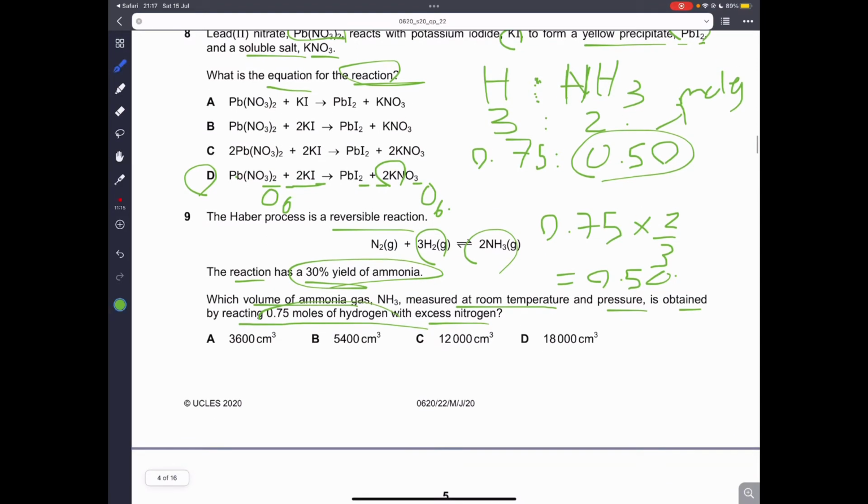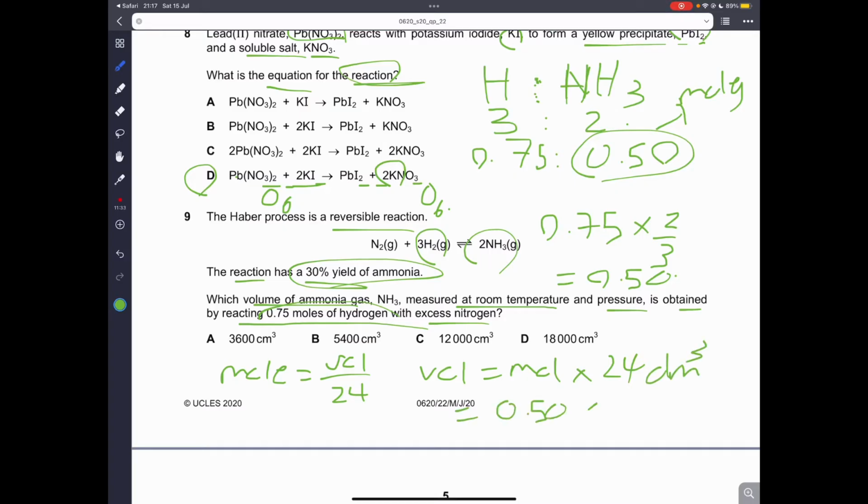Now we just have to find the volume of ammonia by using this equation. Mole is equal to volume over 24 dm cubed, the molar volume. So we want to find the volume, which is mole multiplied by 24 dm cubed. So the mole is 0.50. We are going to multiply by 24.